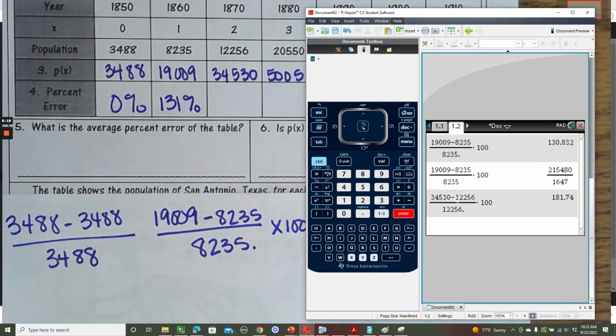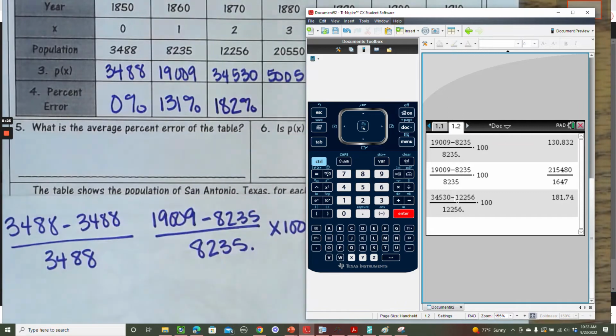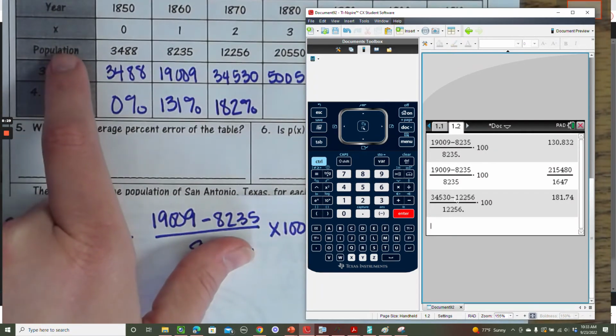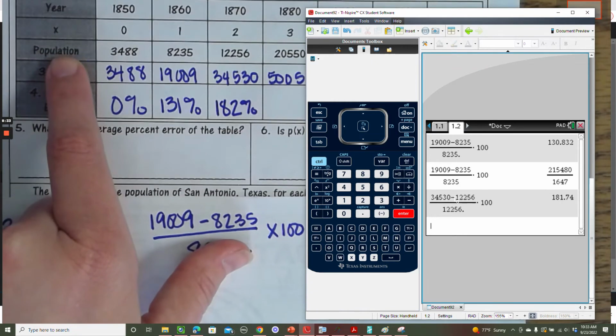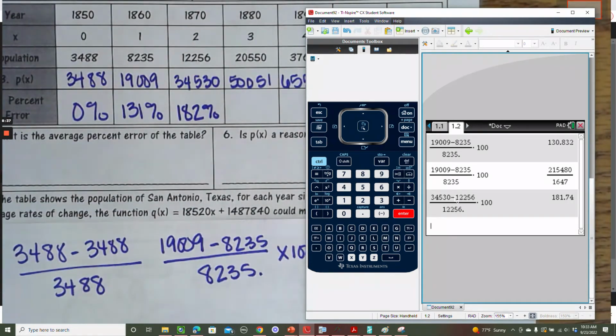We're rounding to the nearest whole, so this one would be 182. So which one is the real and which one is the predicted? Population, that's the actual. That's the real. Well, we're dividing by the... No, we're dividing by, I'll put the formula up there, okay?